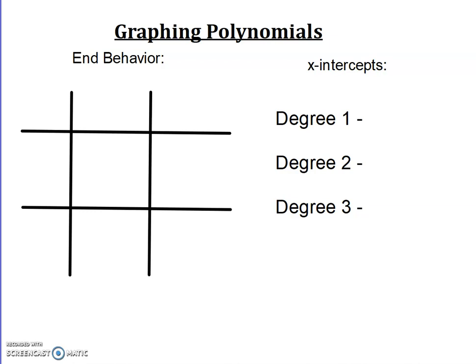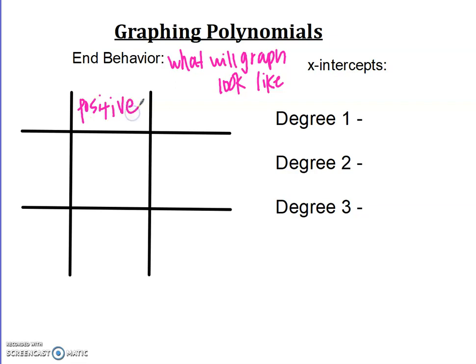Okay, some things that we're going to figure out: we've got to figure out the end behavior as well as the x-intercepts. My end behavior is what the graph is going to look like. So here's what we need to know: if it's a positive or if it's a negative.